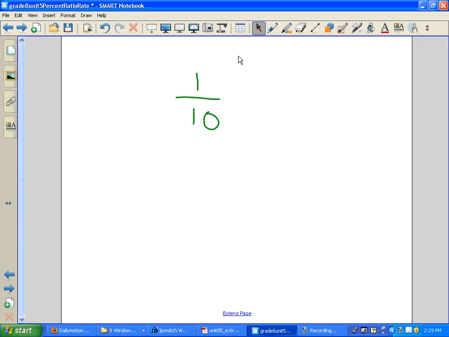So I went up 1 out of 10, or my increase was simply 1. Okay. What was my original? Well, my original was 7. So I went up 1 mark more than what I did.